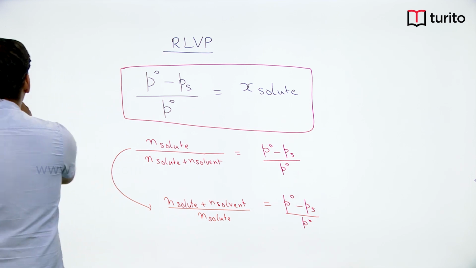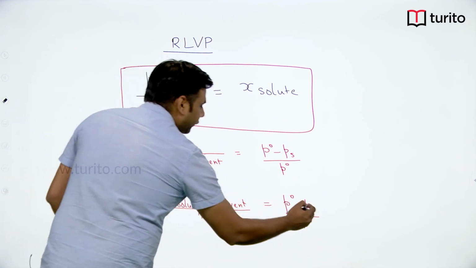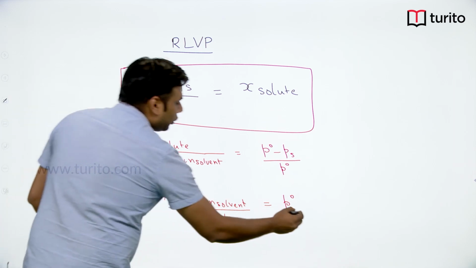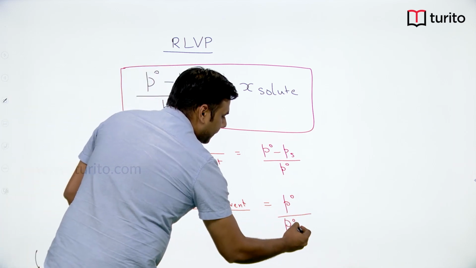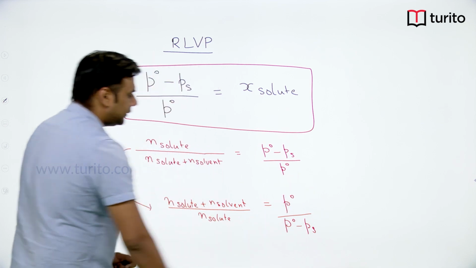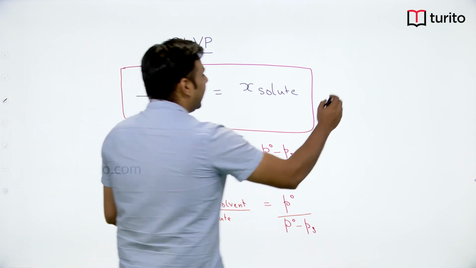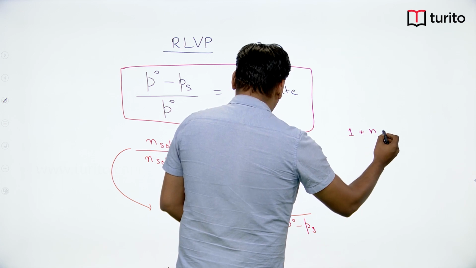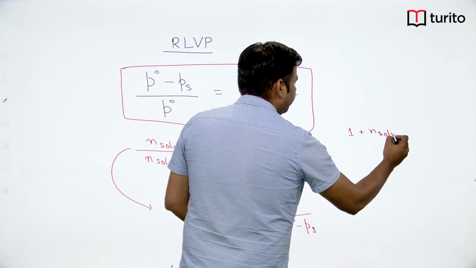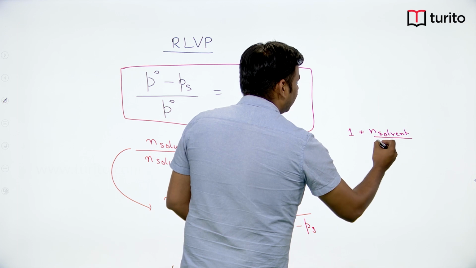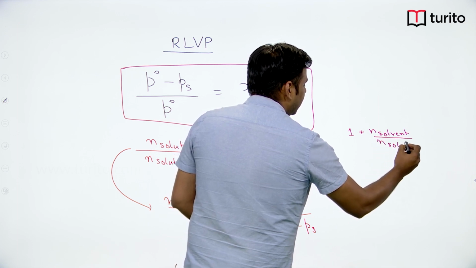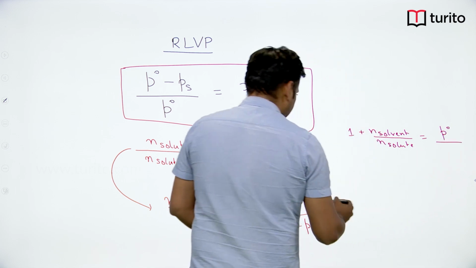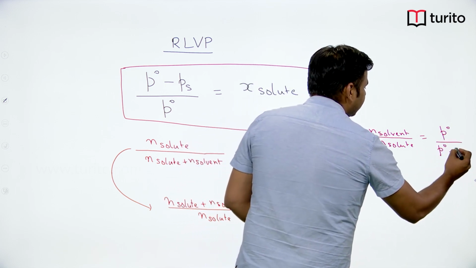So what we have done is we have taken the reciprocal of this expression, okay? So when we have taken the reciprocal, this would become this, okay? So we can rewrite this as 1 plus number of moles of solvent upon number of moles of solute equals P naught upon P naught minus Ps, okay?